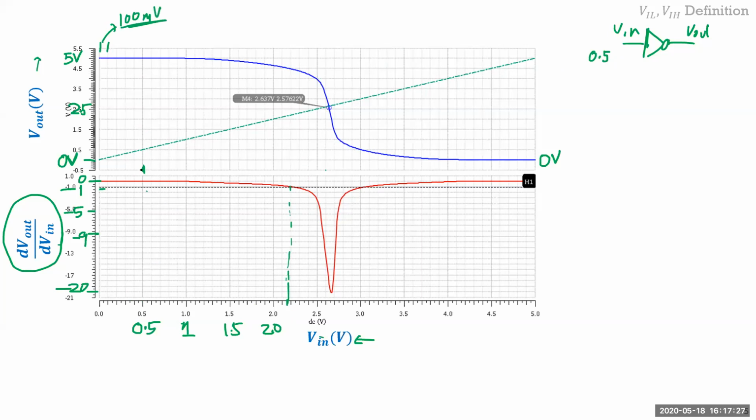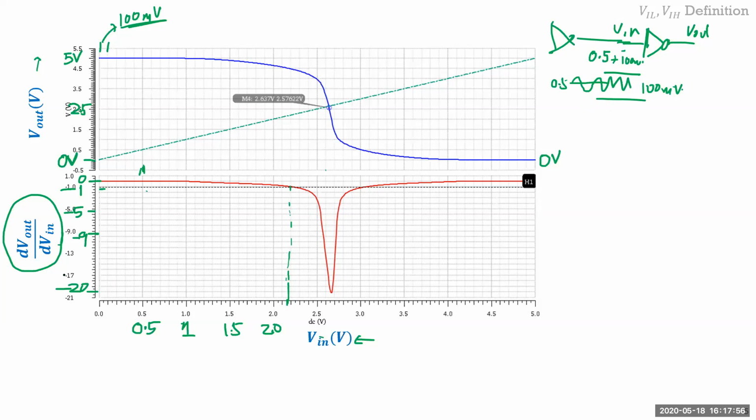So let's say the input is sitting at 0.5 because this inverter output is 0.5, and we add a very small amount of noise, say 100 millivolts peak to peak.